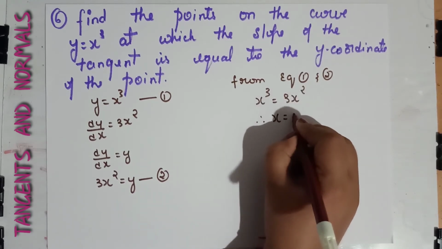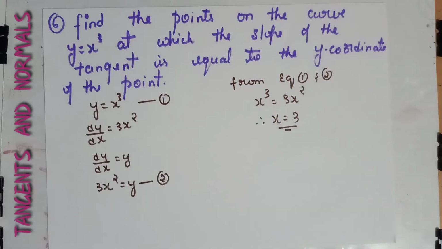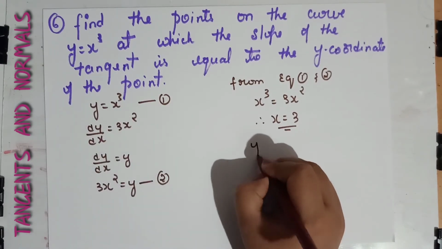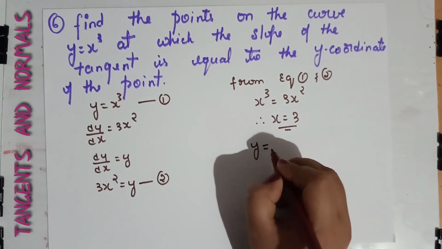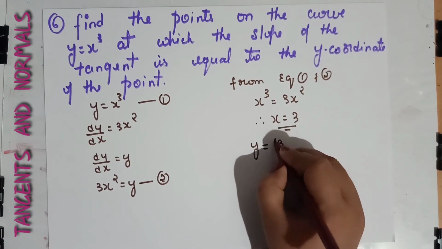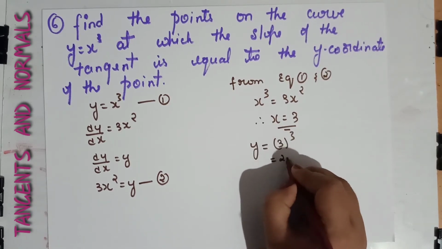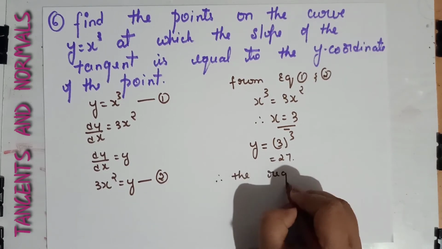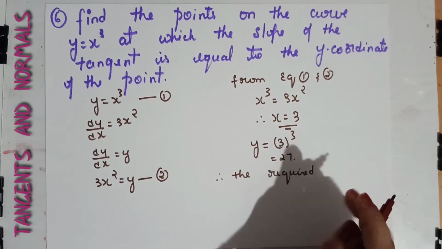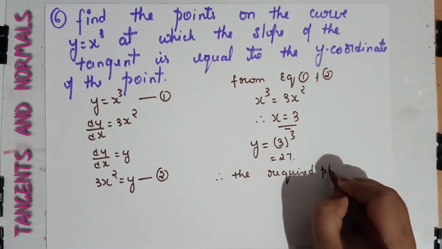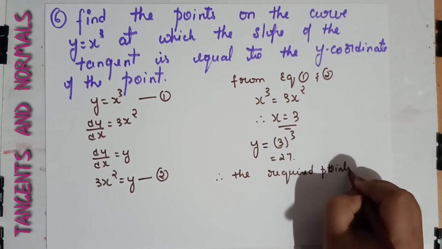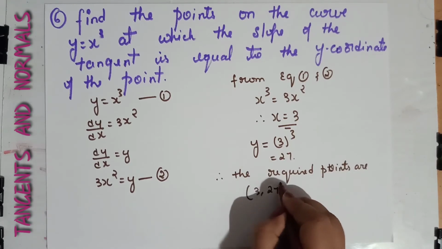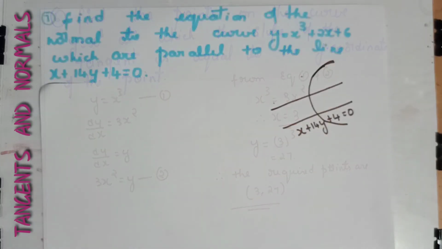Therefore, x is equal to 3. Substitute in equation 1. So we need to find out y coordinate. So y is equal to 3 cube, that is equal to 27. Therefore, the required point is (3, 27).